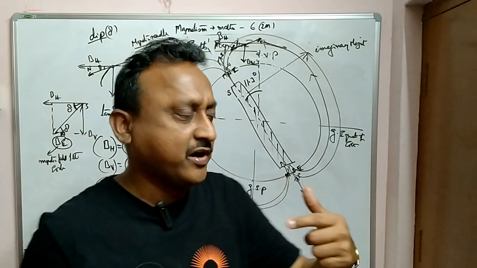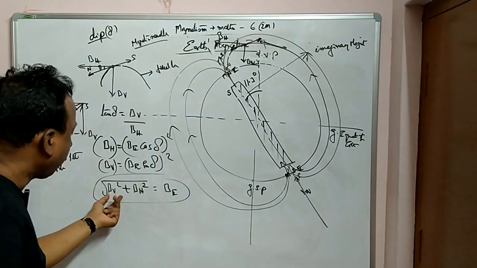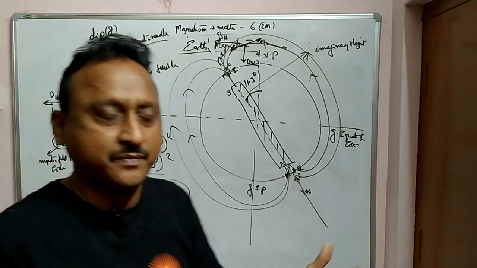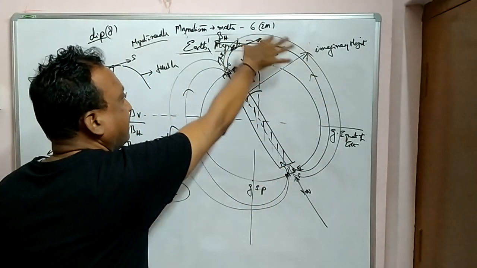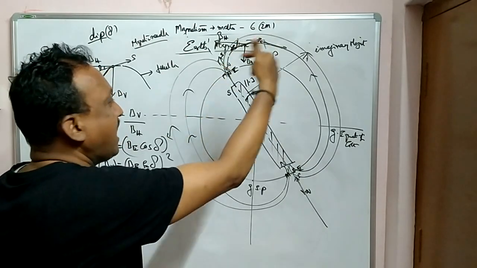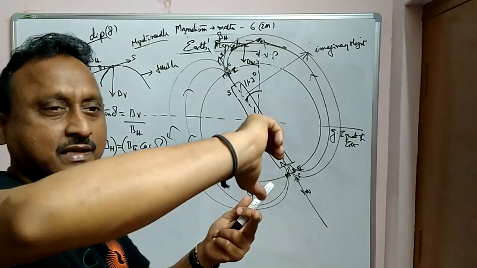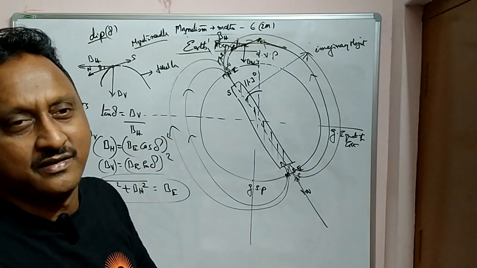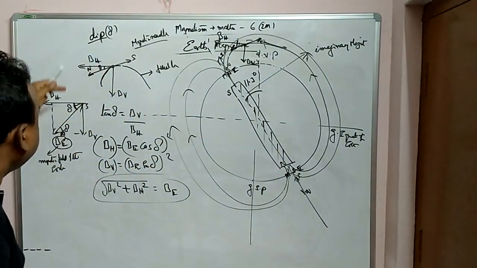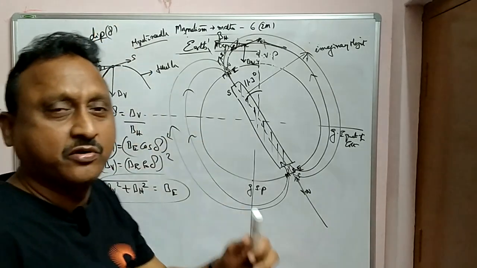Okay, what are BV and BH? Horizontal component of the earth field, vertical component of the earth field here. That means because we are putting the compass in the magnetic field, wherever you take it, you can see the compass, the field is making some angle with the earth's horizontal, and that you are calling as dip.